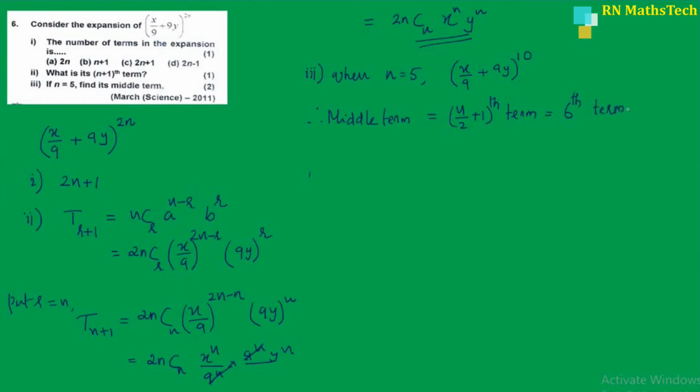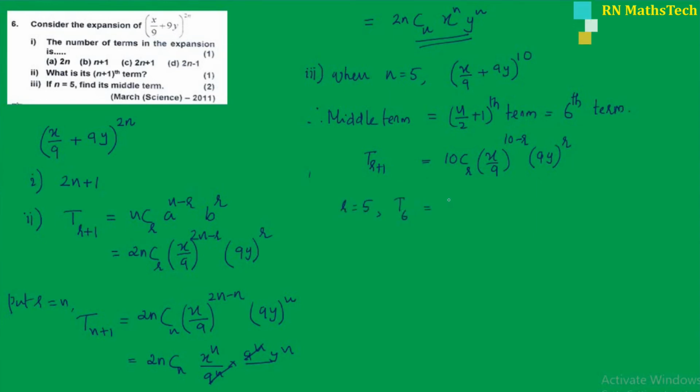Sixth term is the middle term. Now, the sixth term is the (r plus 1)th term, T(r+1) equals 10Cr (x by 9) raised to 10 minus r, (9y) raised to r. To find the sixth term, put r equal to 5.